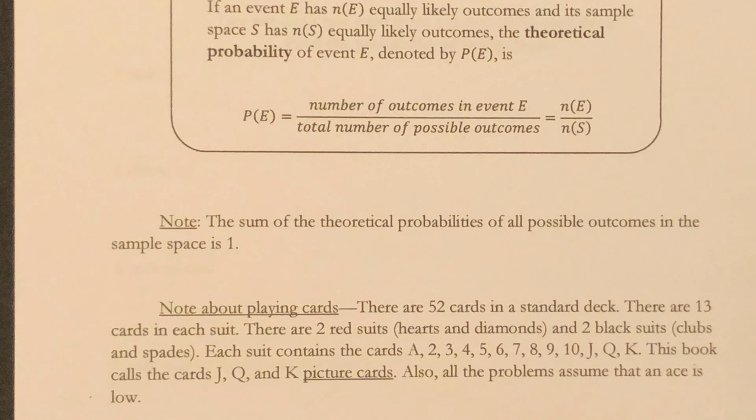Now, one thing we do need to talk about is that a lot of the problems that we work are about playing cards. So just in case you don't know this, there are 52 cards in a standard deck. There are 13 cards in each suit. There are 2 red suits, which are hearts and diamonds, and 2 black suits, which are clubs and spades. Each suit contains the cards ace through king.